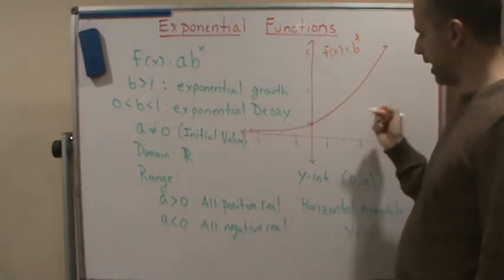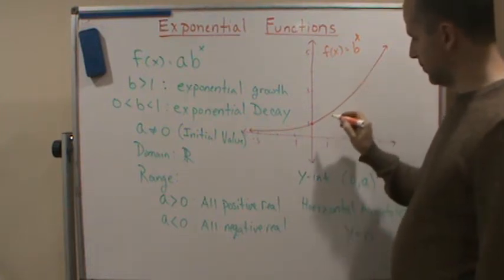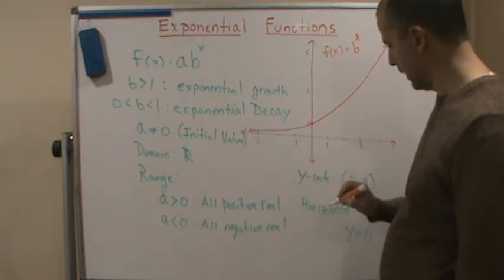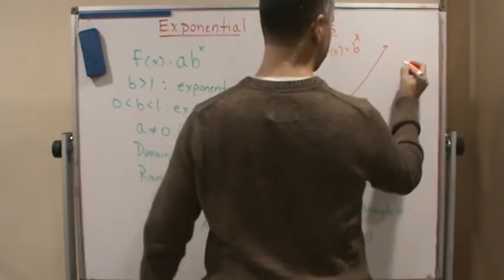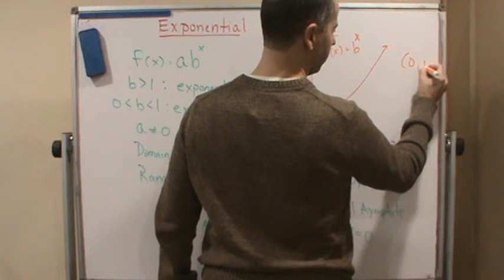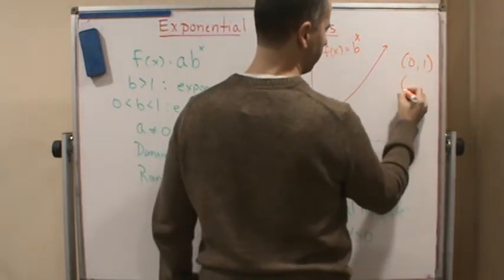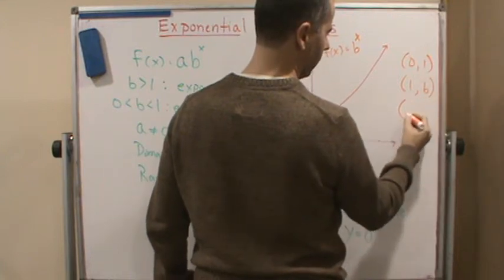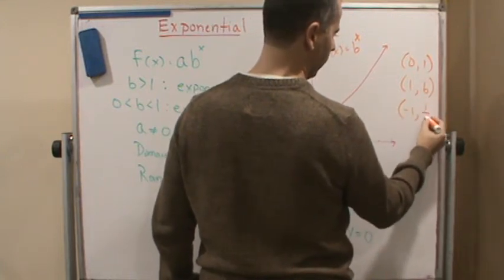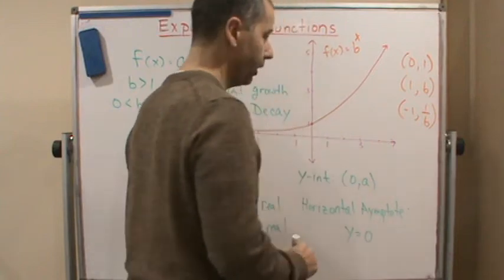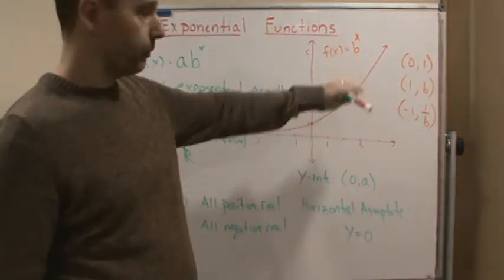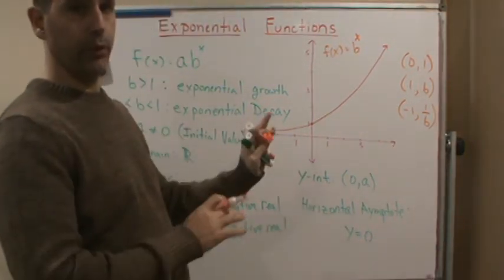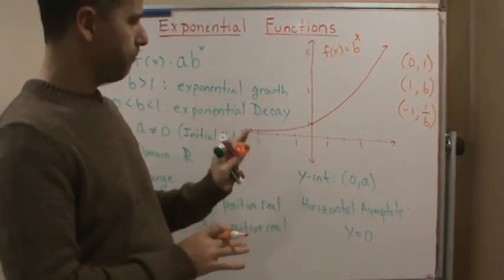That means this function will go through 0, 1; 1, b; and negative 1, 1 over b. So in this form, we know the exponential function will always go through those 3 points.